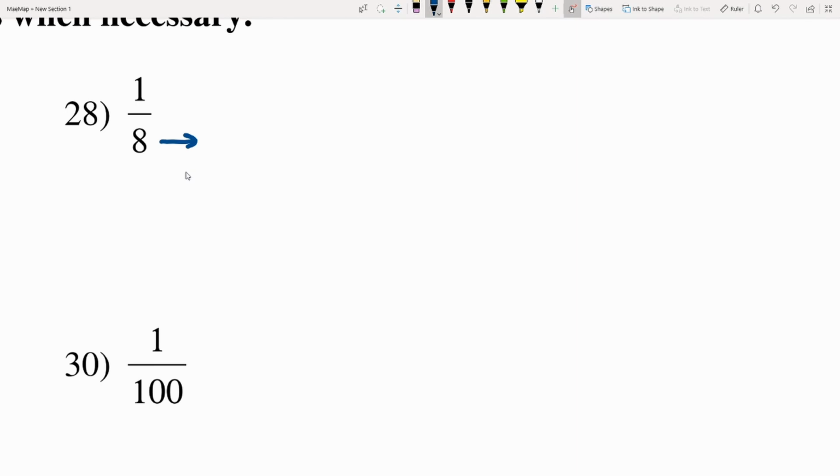Does 8 go into 100? No, not quite. So we're going to see how many times 8 does go into 100. So if I take 100 and divide it by 8, doing a little bit of long division, 8 does not go into 1, but 8 does go into 10. And 8 goes into 10 one time. Now remember, 1 times 8 is 8, so I'm going to subtract that, carrying down my 0.